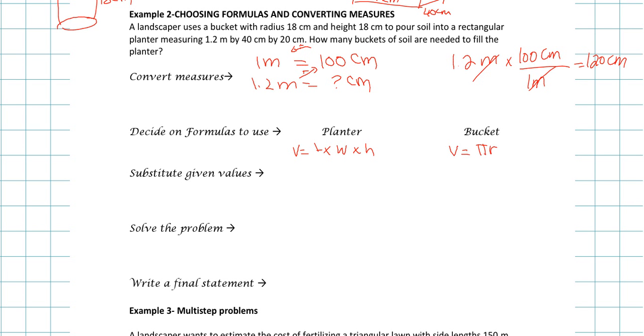So now I'm going to substitute the given information. For the volume here, I have 120 centimeters by 40 by 20. So that's going to be 96,000 cubic centimeters.